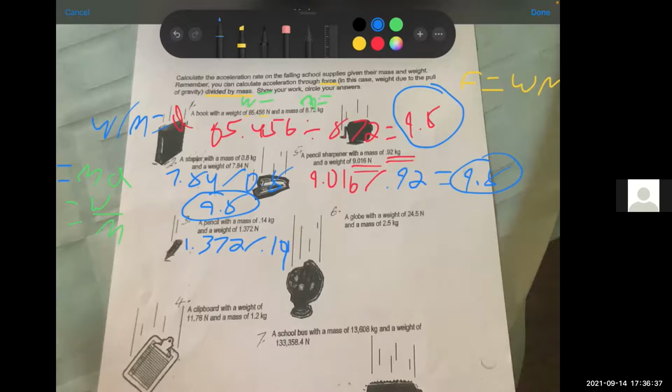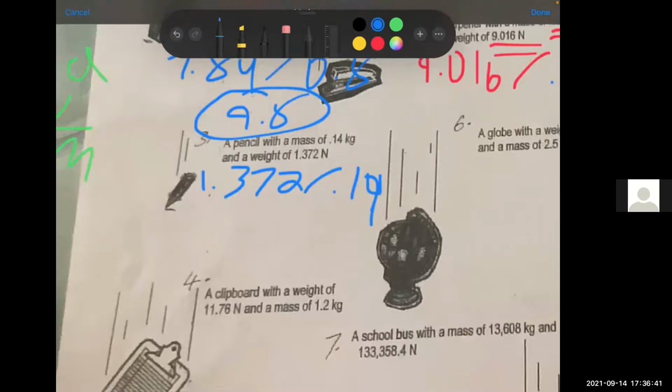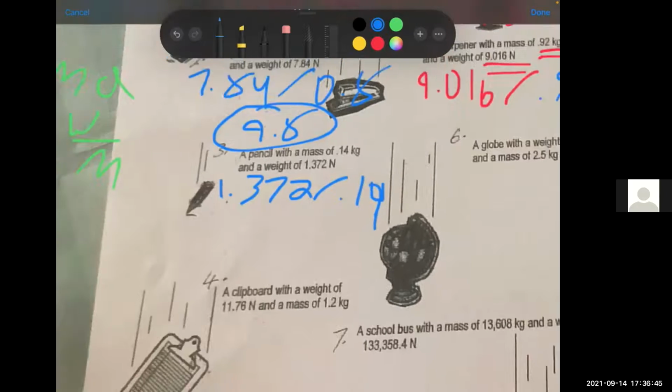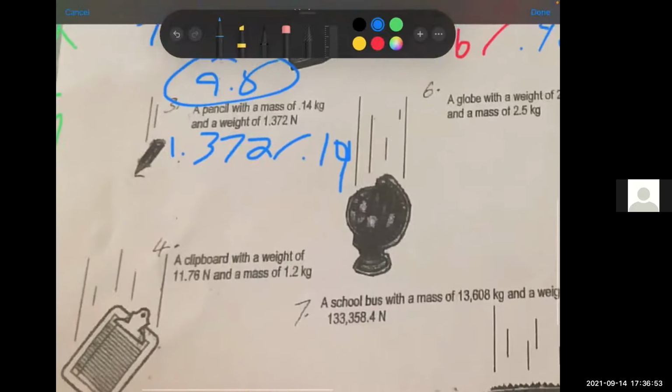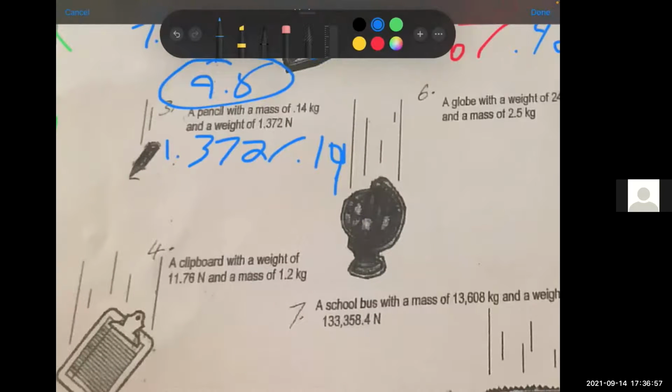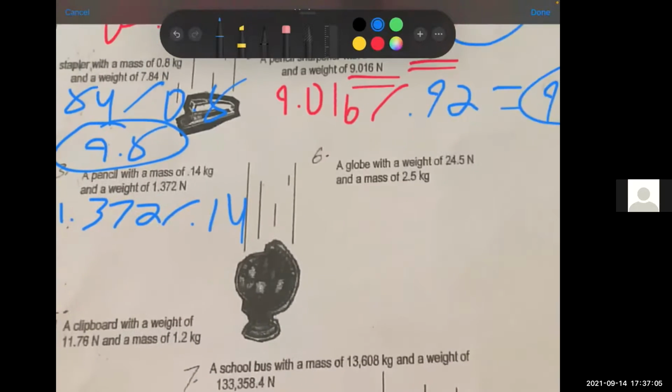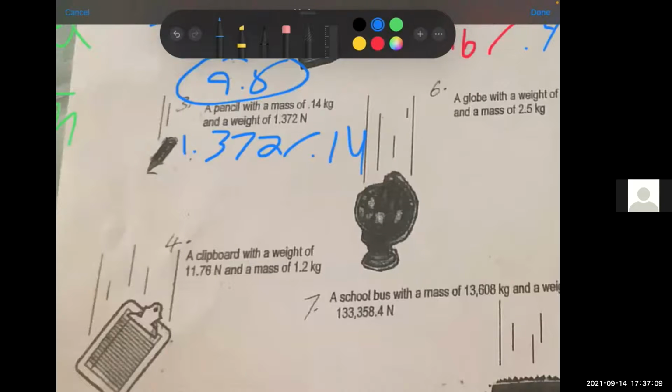A pencil with a mass of 0.14 kilograms and a weight of 1.372 newtons. 1.372 divided by 0.14 will also be 9.8.